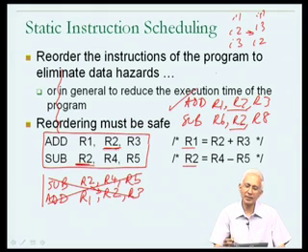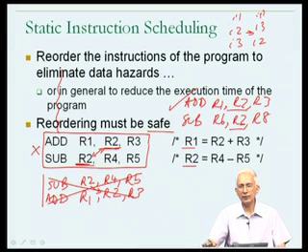Therefore, these two instructions can be safely reordered, while the previous two instructions cannot be safely reordered, and we must understand that the relationship between them is a dependency of some kind. It's a dependency where there is a read of R2 followed by a write of R2, as a result of which the reordering should not be considered as safe.